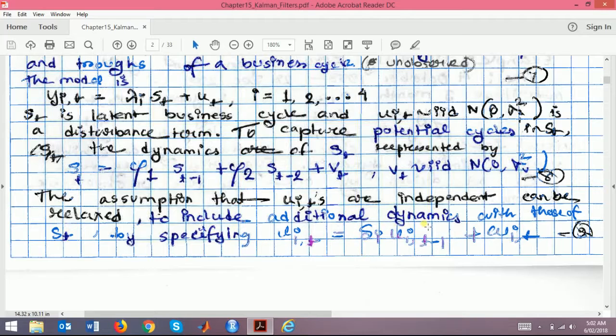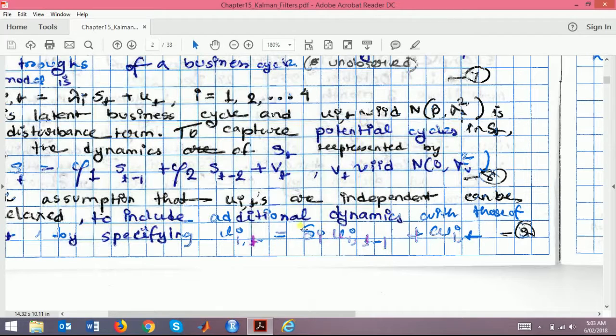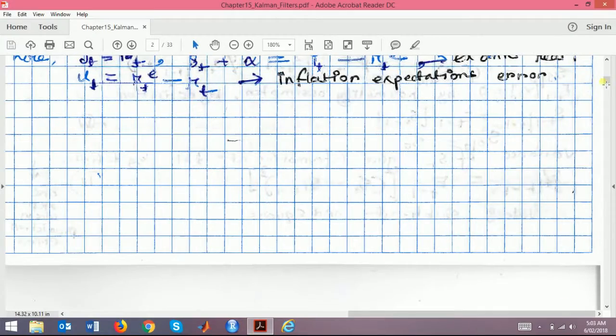Now, relaxing the independence of the residual, we can further include additional dynamics in the latent factor by specifying u_it = delta_i u_{it-1} + omega_it. So the lag of the residual is determined by delta, and now the residual's disturbance is omega_it. So you specify it in this term.